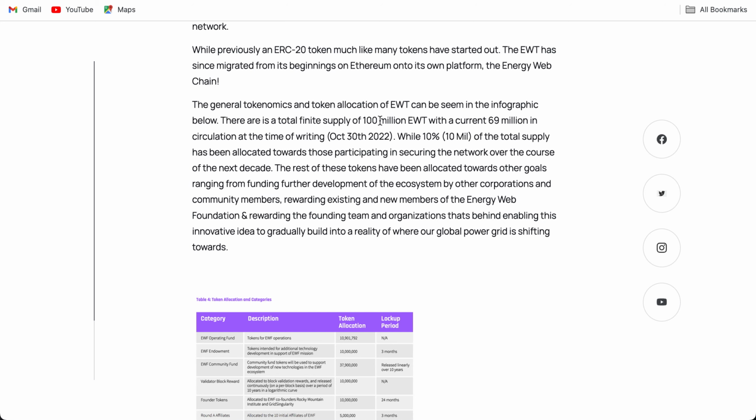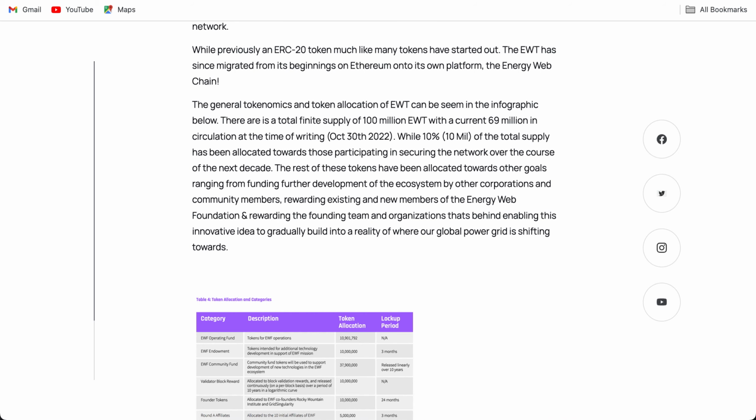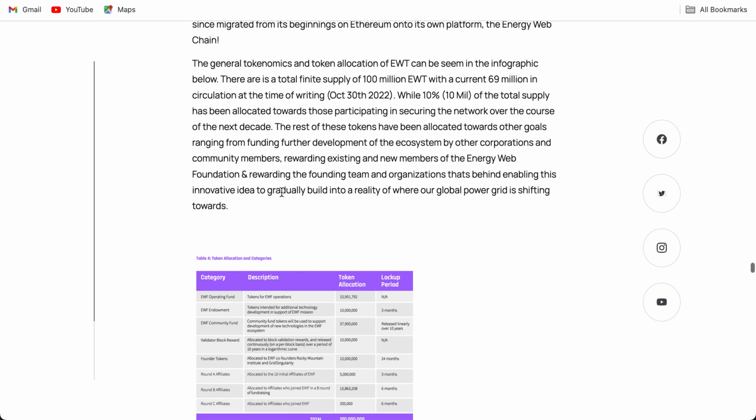But there's a fixed supply of 100 million, so even if we look at the fully diluted market cap, guys, it is almost 120 million market cap fully diluted, comparing to the max supply. So that is also a meager number compared to the industry EWT is tapping into.